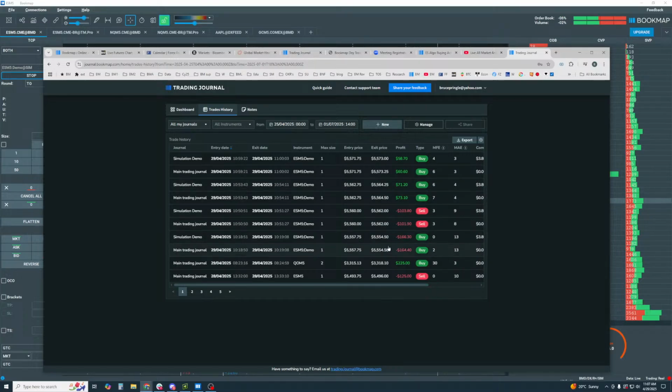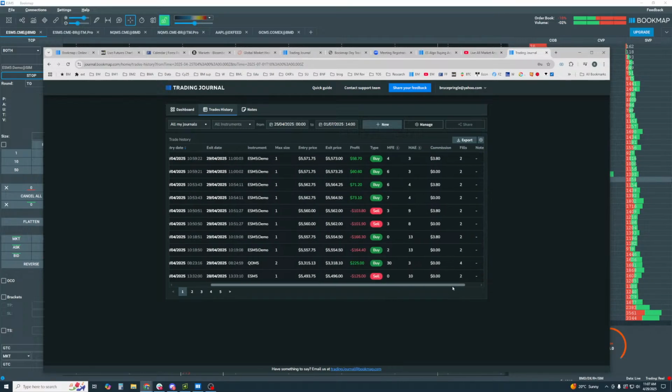Oh yeah, so I had a string maybe of some losses here. Anyway, one of the things with this low volume pullback trade you should see, and this is a good thing, is your MFE should be higher than your MAE.